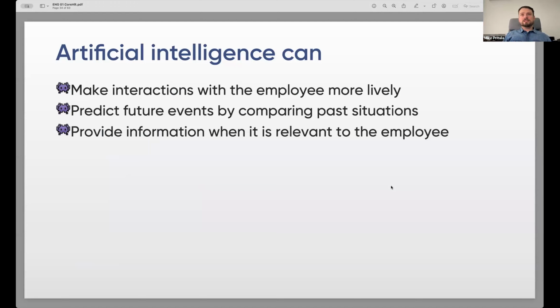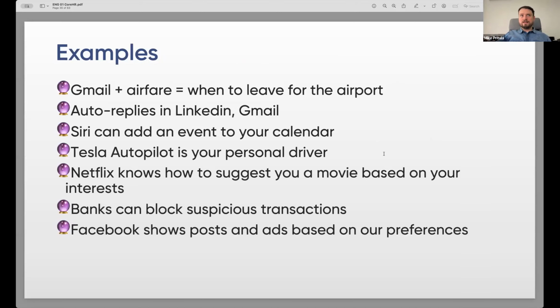So artificial intelligence can make interactions with the employee more lively. It can chat with employees, having all the data and pulling all data from the HR system. It can predict future events by comparing past situations and give insights to managers, to employees, to HR. It can provide information when it is relevant to the employee.